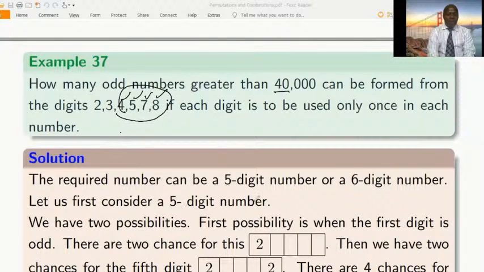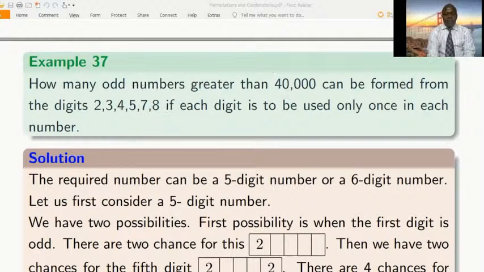For us to form a 5-digit number greater than 40,000, we have 2 possibilities. The first possibility is when the first digit is odd, that is 5. The second possibility is when the first digit is 4 or 6.